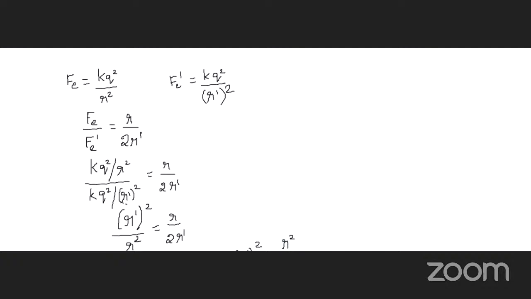So question number 9 is something related to the continuous charge distribution. Okay. So for that I am closing this whiteboard, and I will show you the question actually.